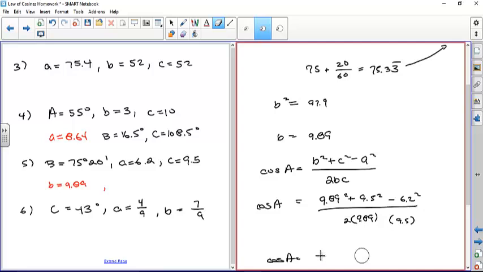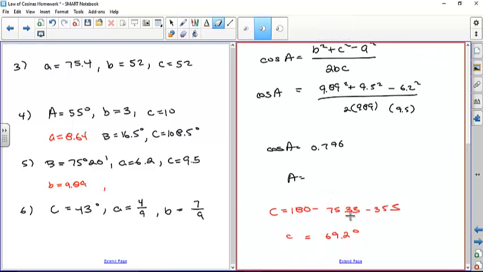If we redo the calculation, 9.89 squared plus 9.5 squared minus 6.2 squared divided by 2 divided by 9.89 divided by 9.5, we get 0.796.